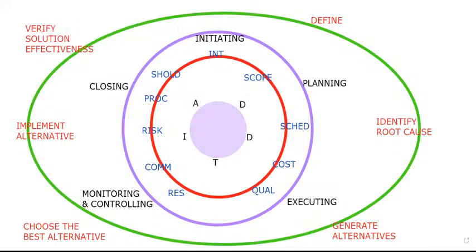Okay? You have the layers of the process groups, the layers of the knowledge areas, the layers of a development lifecycle of sorts. Doesn't have to be software, it could be anything, right? And then you have the layer of consciousness of defining what the problem is.